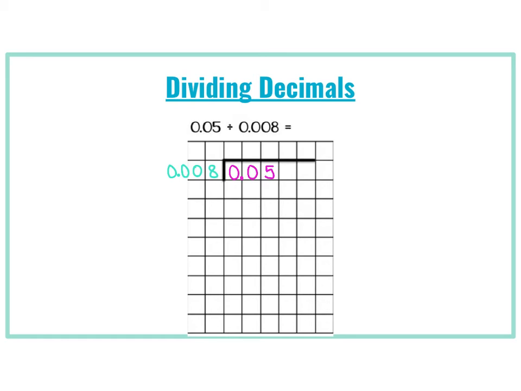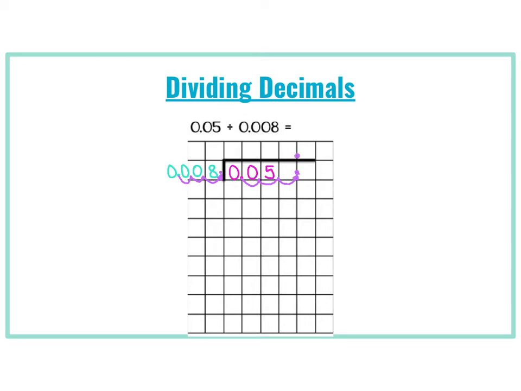I need to move my decimal point over 3 times to the right in order to make my divisor a whole number, 8. Because I moved it 3 spaces over to the right in my divisor, I also need to move my decimal point 3 spaces to the right in my dividend.